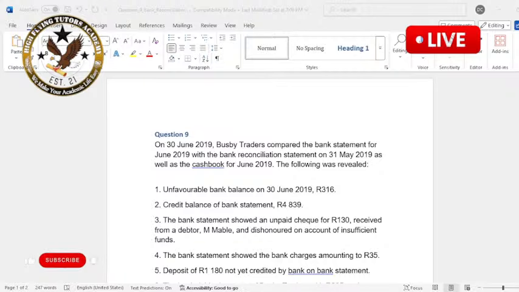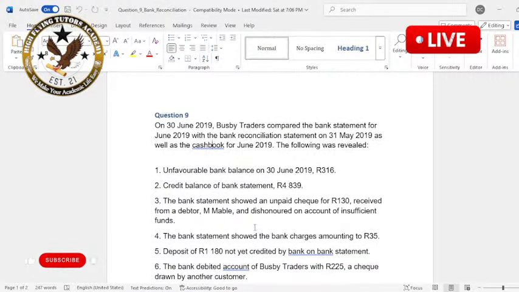I'm going to go to the question right now, and what I'm going to do on the question is outline or identify the items that must go to the bank reconciliation statement, the items that must go to the bank account, or the items that must go to both, because you might find that a transaction qualifies to be recorded in the bank account, and it can also qualify to be recorded in the bank reconciliation statement, right?